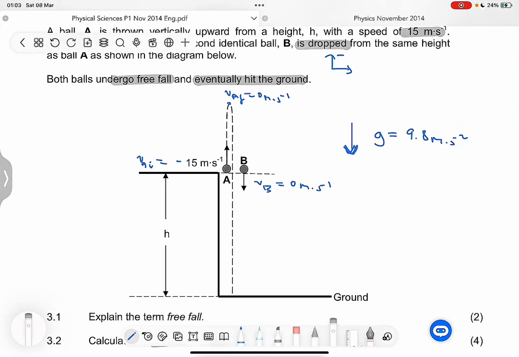Now, one of the simplest ways is to realize that this ball moves with an initial velocity of -15 and gets to the maximum height, and it has the acceleration due to gravity. That means we can use these 3 because we need 3 quantities to pick our equation of motion. We can use these 3 to calculate the time it takes to go up.